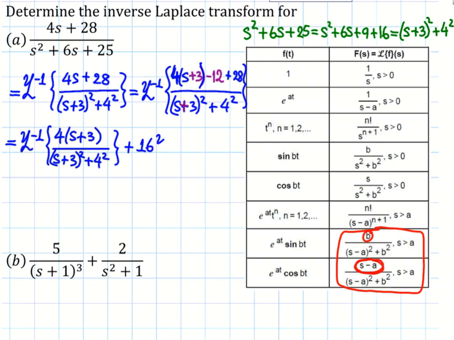Just put 16 outside, and we have this one over (s plus 3) squared plus 4 squared. Notice that we can also put the 4 here outside as well. As a matter of fact, let's just do that too. So we're going to move the 4 on the outside.